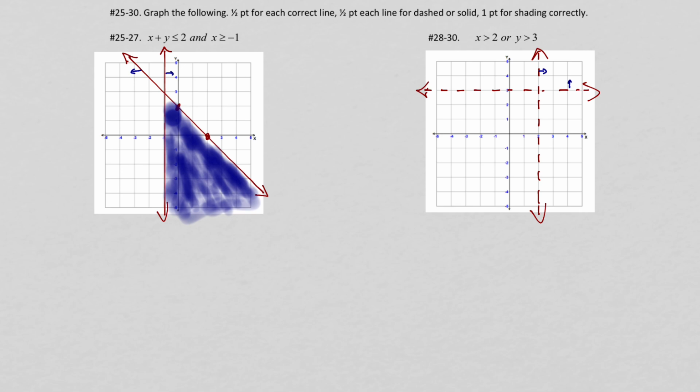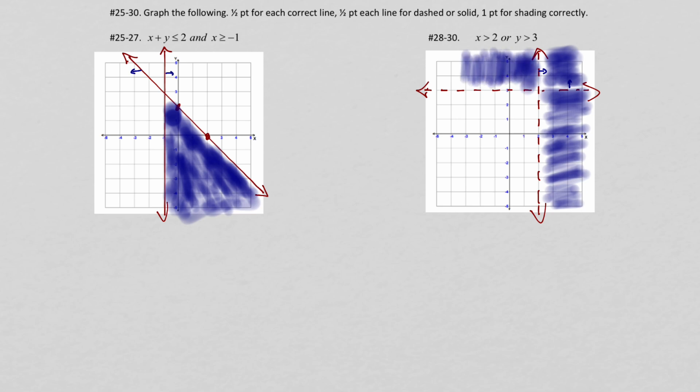So in other words, I'm doing everything to the right of this line, and everything to the upper side of this line. Now, if this was the and, I would have only included right here. But because it's the or, I'm including all of this and all of this.